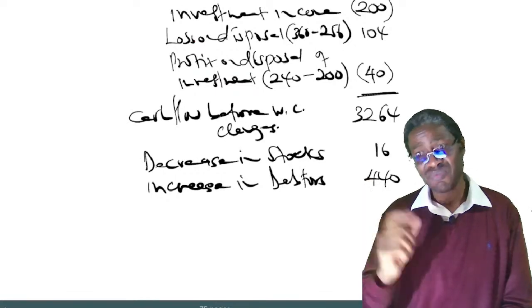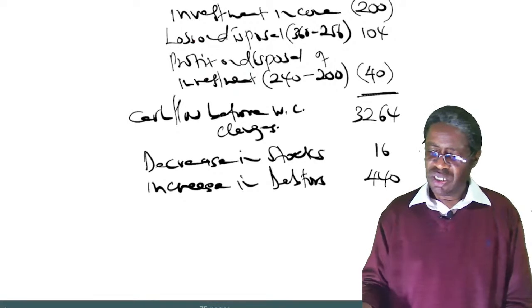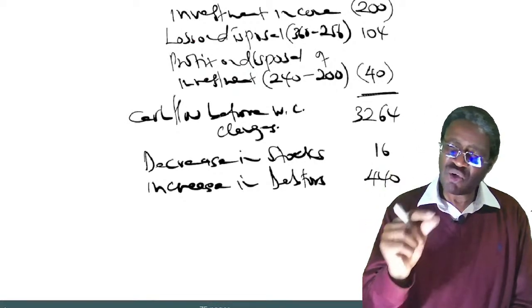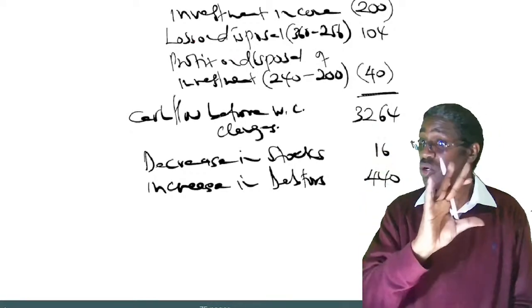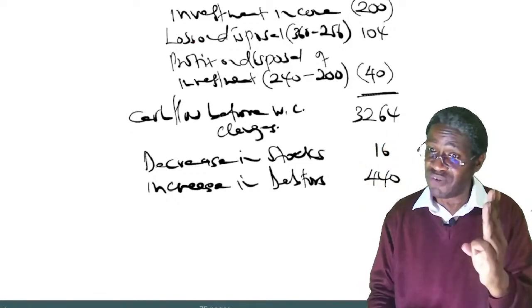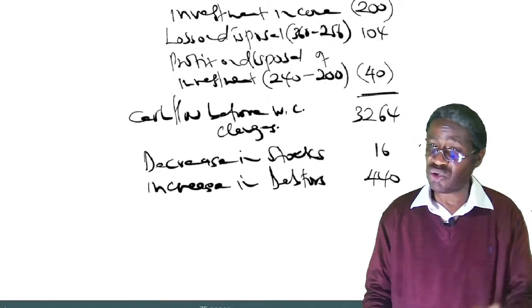Now, for increase in debtors, the reasoning will take me a bit of time to explain, but I want to believe you are still remembering it from your normal accounting cash flows. You did cash flow in financial accounting, level 1. You did cash flow in financial reporting.